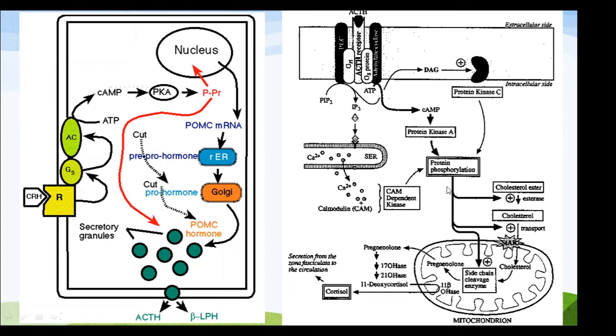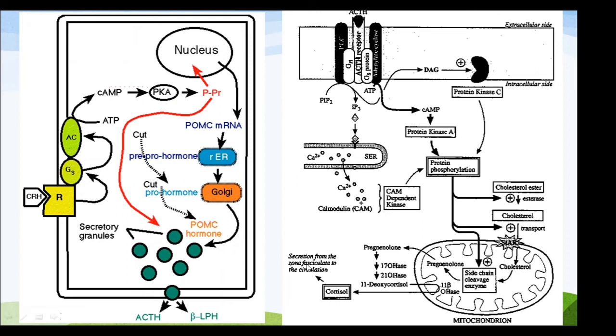As a result, esterase is activated so that cholesterol ester is degraded to cholesterol. Cholesterol is then transported into the mitochondria, where it undergoes degradation to form pregnenolone. The pregnenolone is released from the mitochondria, and in the cytosol pregnenolone is finally converted to cortisol, and the cortisol is released.